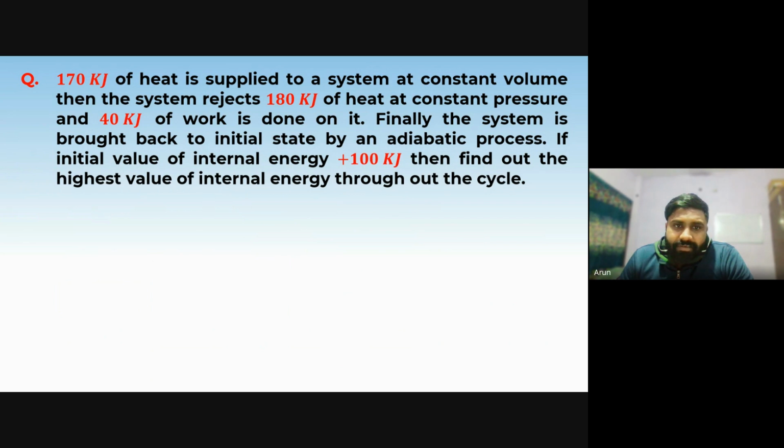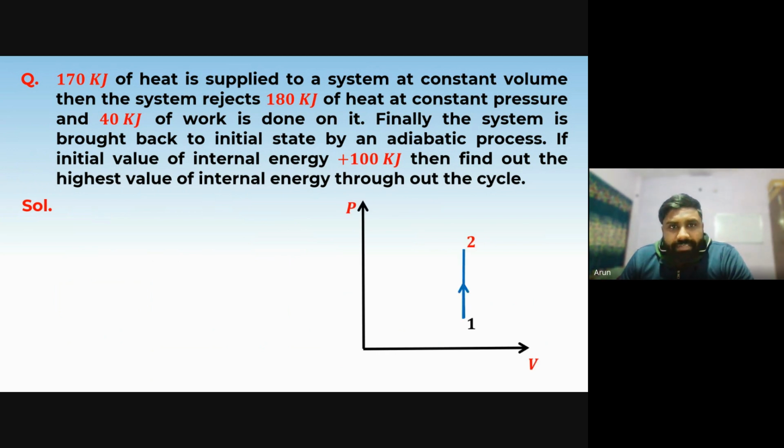If the initial value of internal energy is 100 kilojoule, then find out the highest value of internal energy throughout the cycle. In which three processes we have, 1 to 2 we will take as constant volume isochoric process, then 2 to 3 we will carry out as constant pressure, and finally we will complete the cycle with adiabatic process.